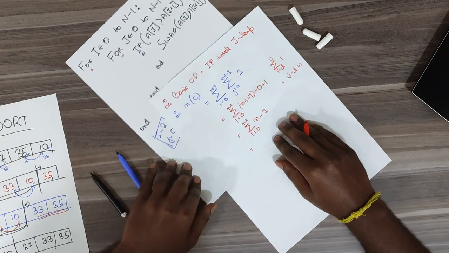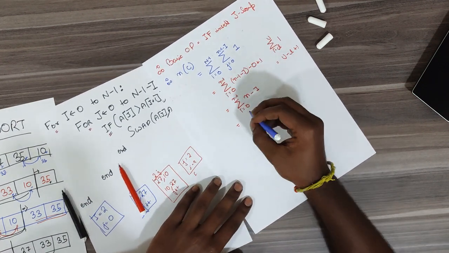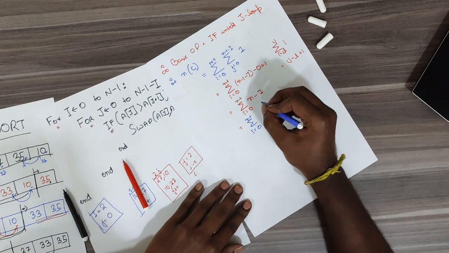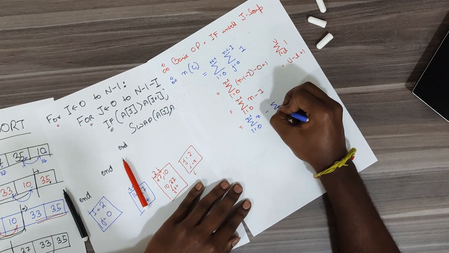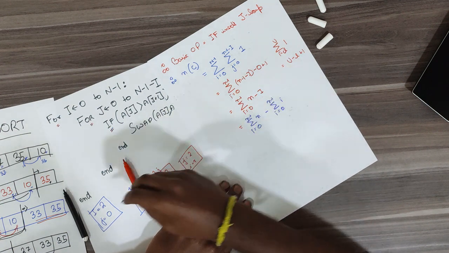We can split the sigma operation among two operands. So this becomes sigma i equals 0 to n minus 1 of n, minus sigma i equals 0 to n minus 1 of i.